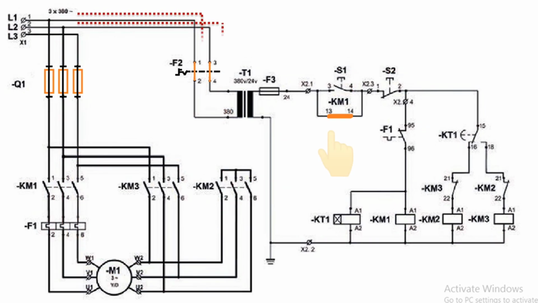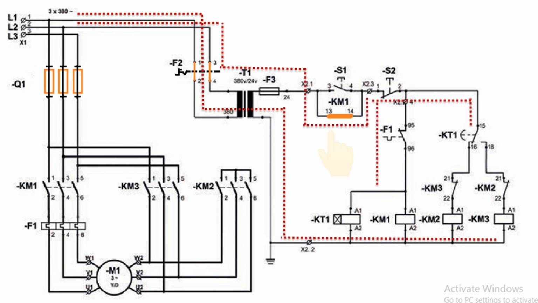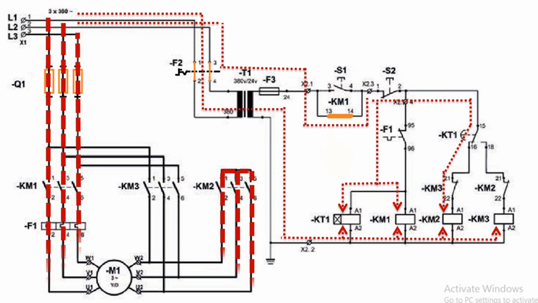Once the contactor coil KM1 is energized, the contact of contactor KM1, that is 13-14, will become closed. This contact is called latching. Latching means even though you remove your finger from the start push button, the motor will keep on running.